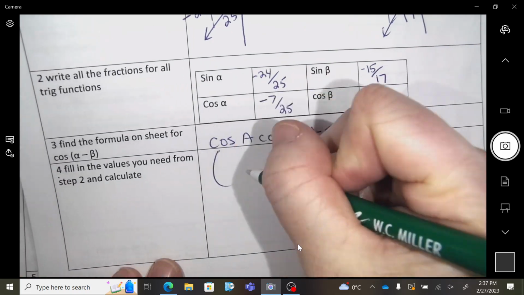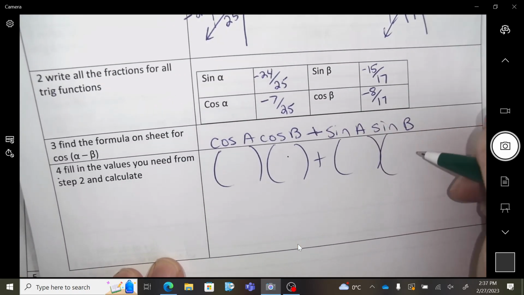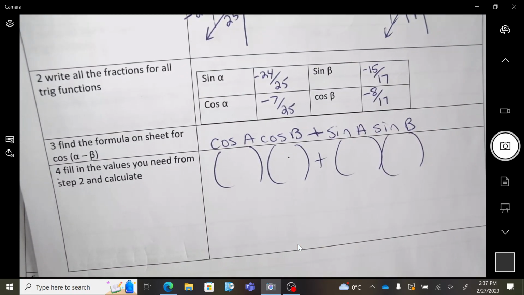Okay, give me 4 brackets, and then we're already done the work. Now we just plug in our stuff. Okay, can you replace the fractions where they need to go?